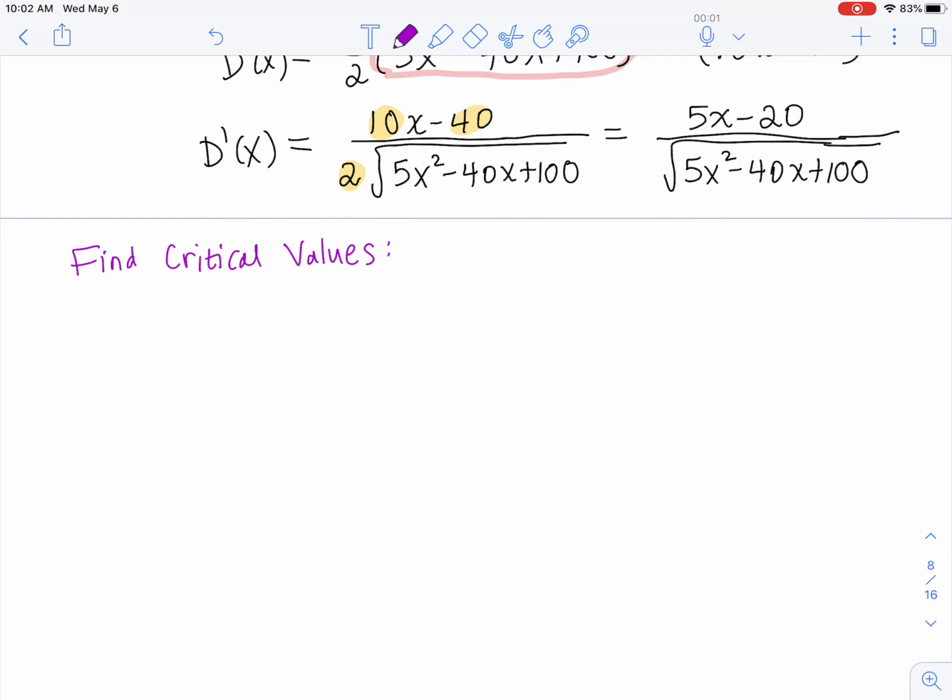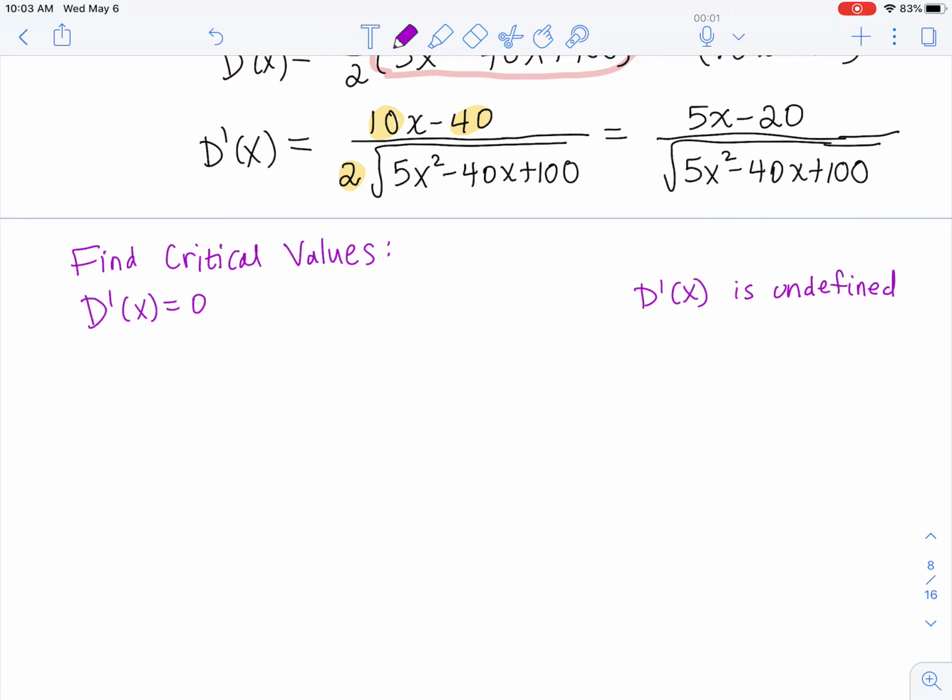Critical values happen when the function is equal to 0. So first find when d prime of x equals 0. But not only that, when this derivative function is undefined. And for polynomial functions, we only really found where it is equal to 0, because polynomial functions like quadratic, cubic, are always defined everywhere. But this is a rational function, right? You see, it's a fraction.